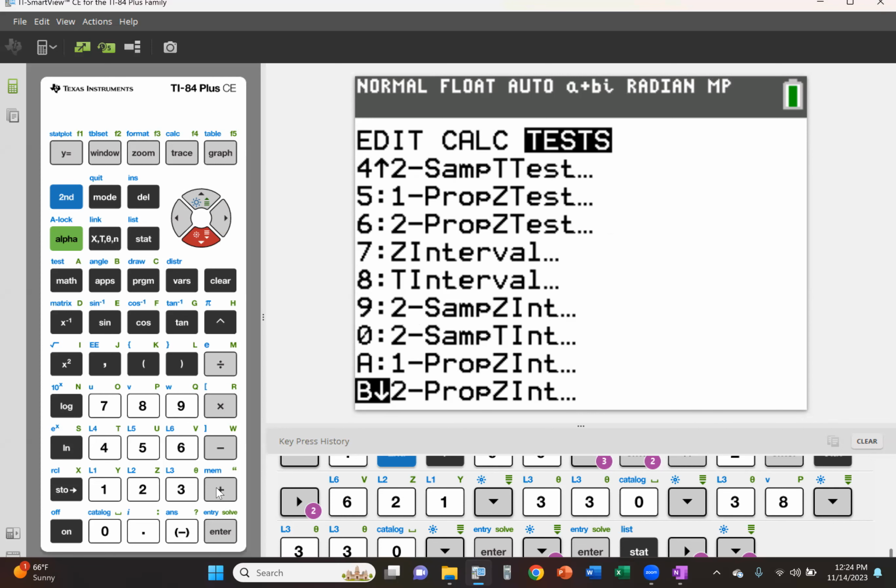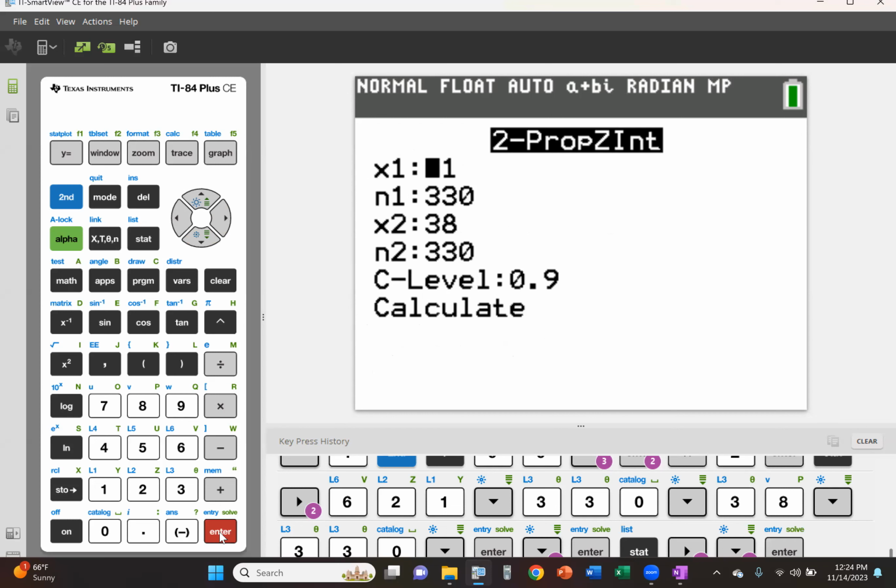And our data should still be in there. And it is. We have the Hawaii data in X1 and the Alaska data in X2. And what was our confidence level? We want 95%, so let's change that to 0.95.